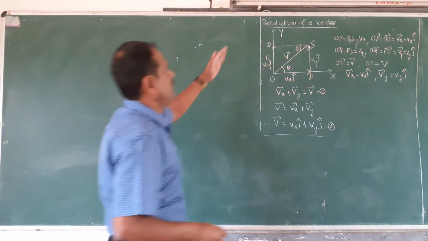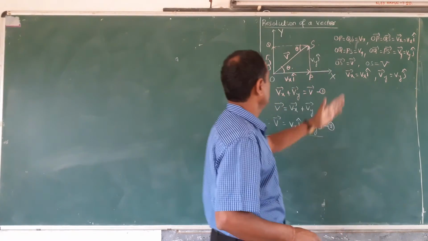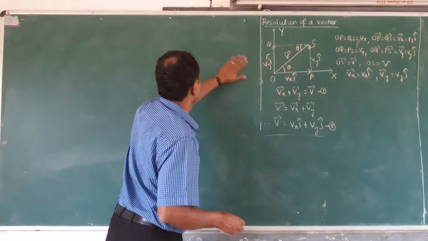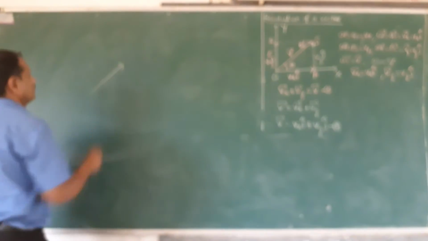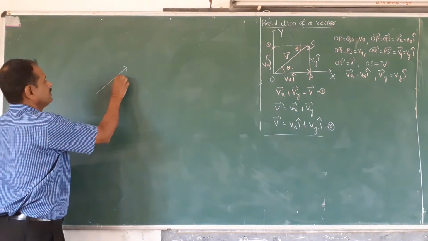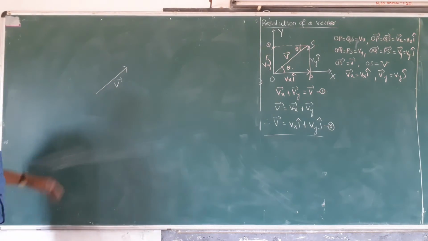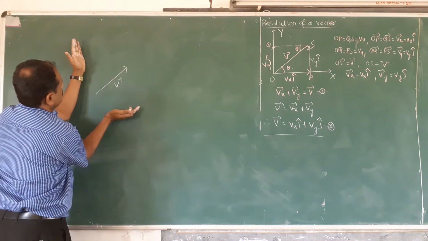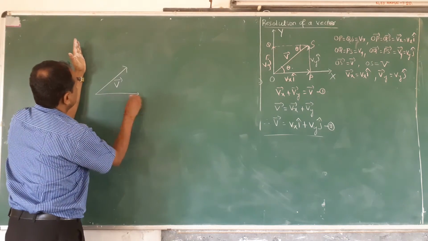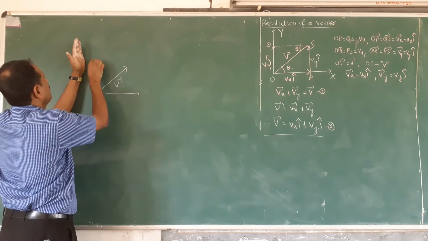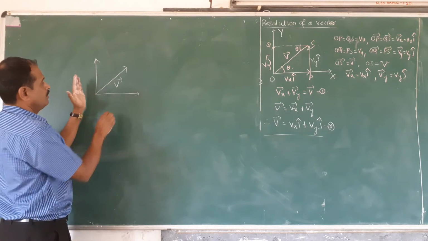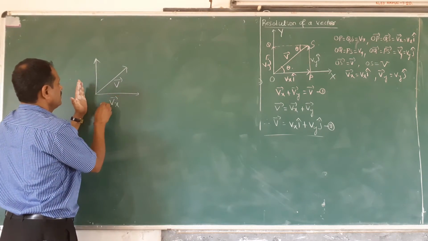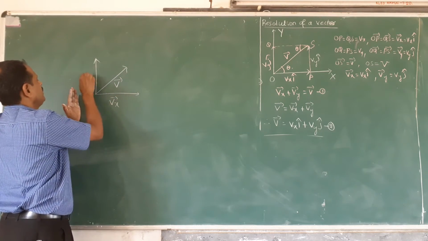What is the resolution of a vector? A given vector is split up into two vector components which are perpendicular to each other. One of the components is Vx, another component is Vy.